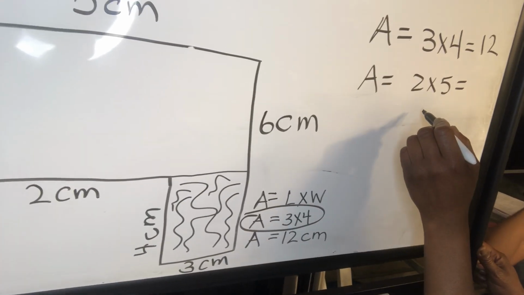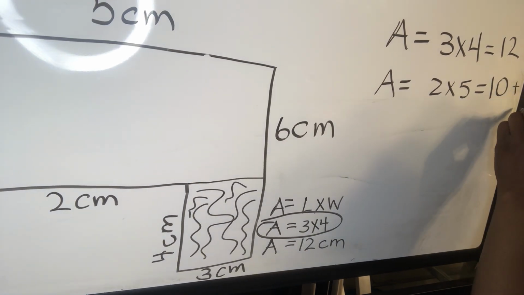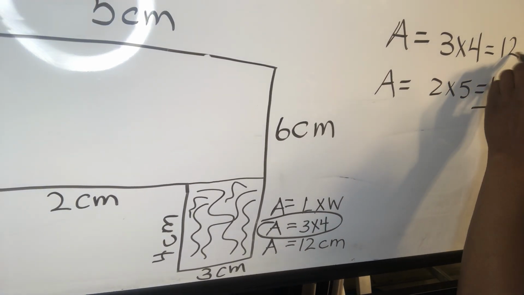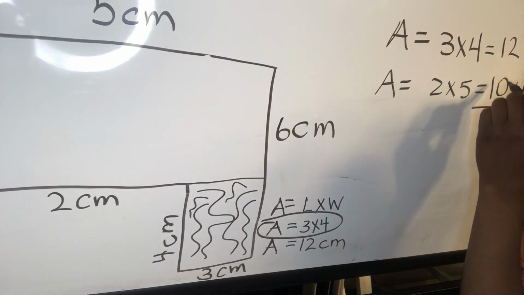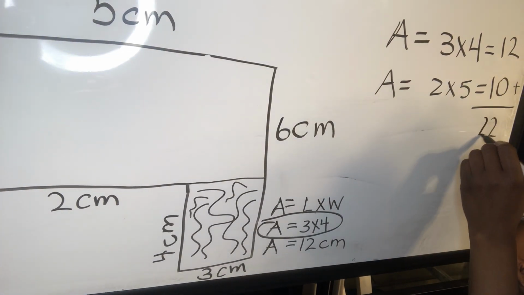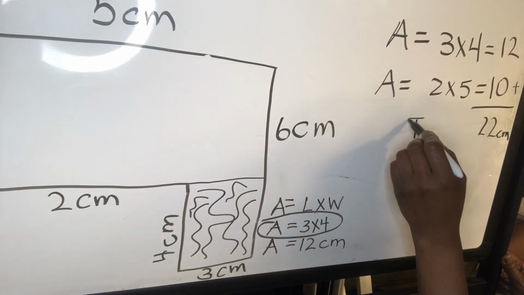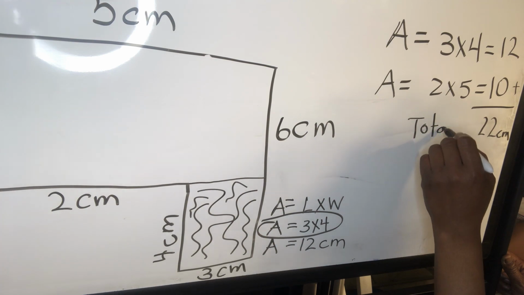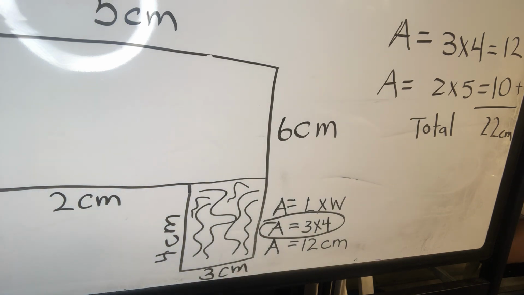We also said 2 times 5 is 10. When we add those two together, 2 plus 0 is 2, and 1 plus 1 is 2. So now our total area for the garden, as we needed to find out, is 22 centimeters that she needs in order to plant her seeds.